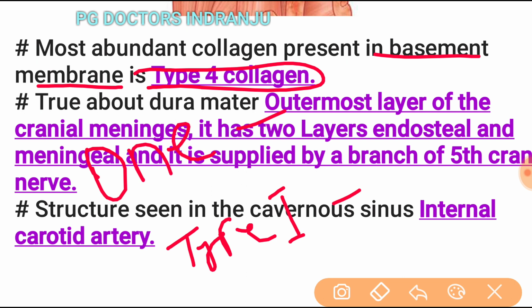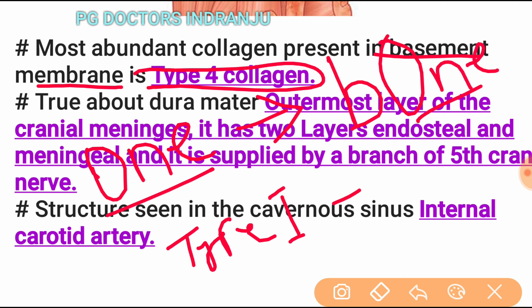So you can easily remember that BONE has 1 in it. Collagen type 1 is found in bone and collagen type 4 in the basement membrane.